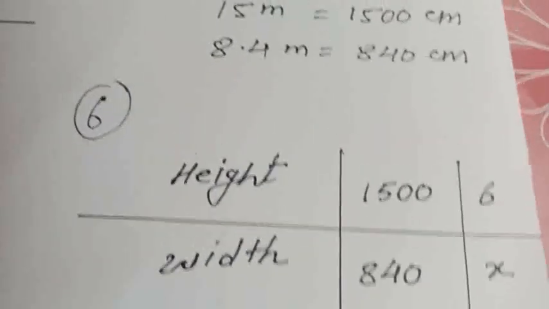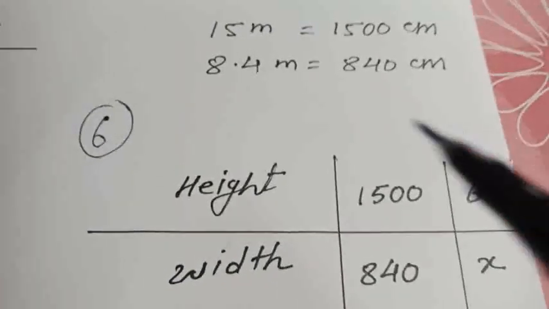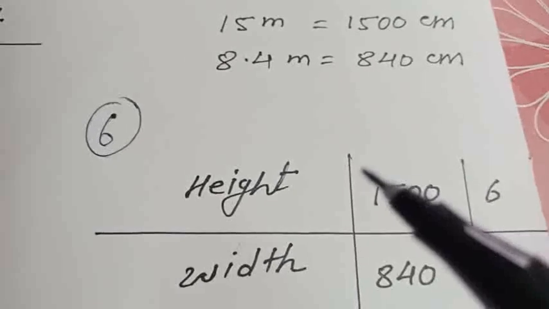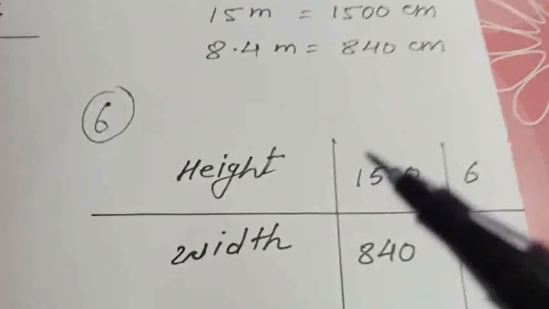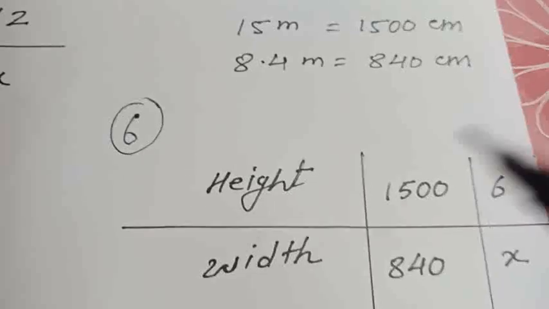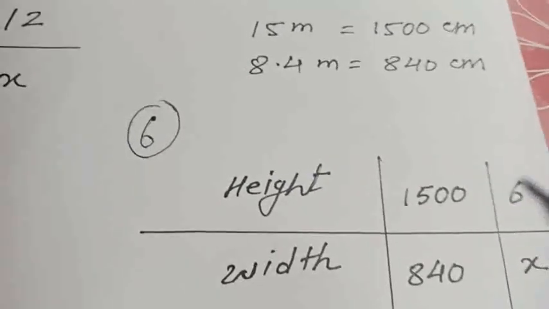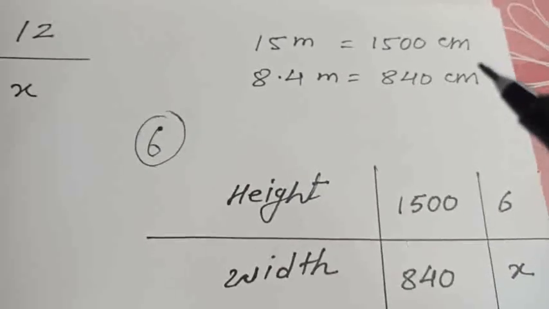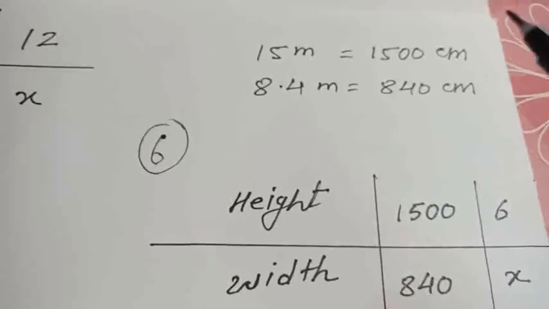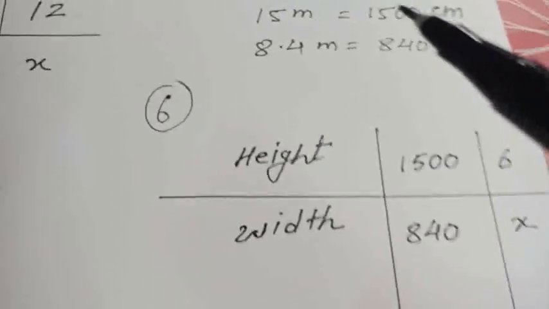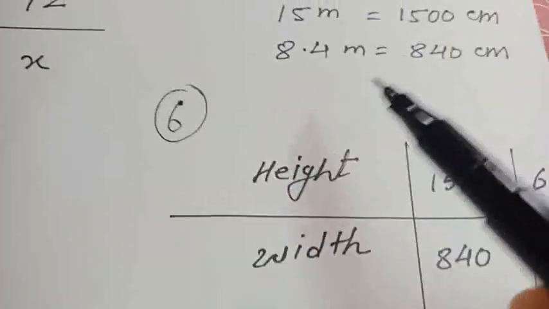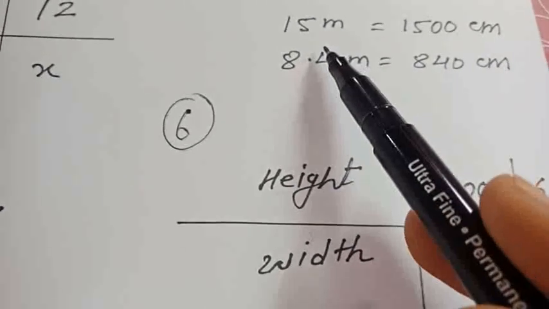Question number 6 says, just pay attention in this question a little bit. In this question there are 2 things. First is the actual building and second is the model of the building. So obviously the actual building will be taller than the model of the building. So there is an actual building whose height is 15 meter.